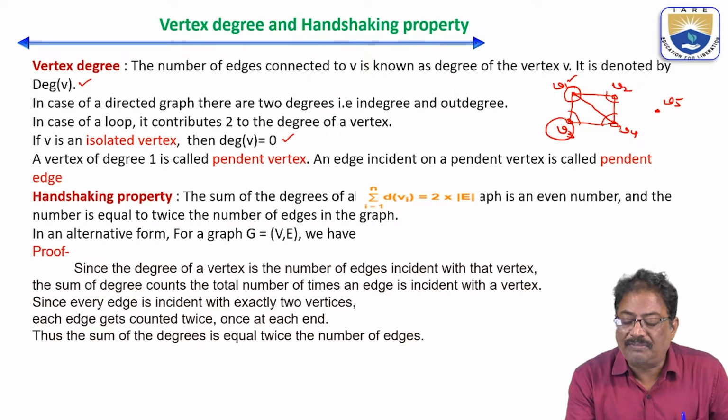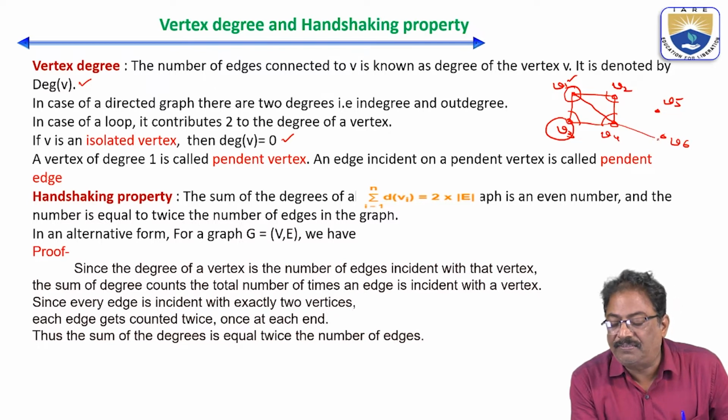Suppose there is another vertex V6, and V4 is connected to V6.